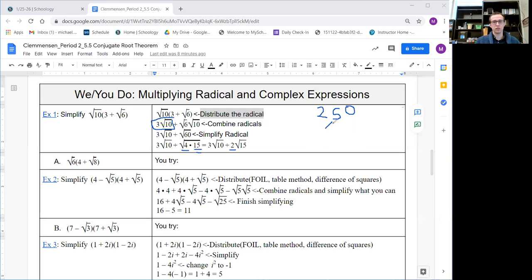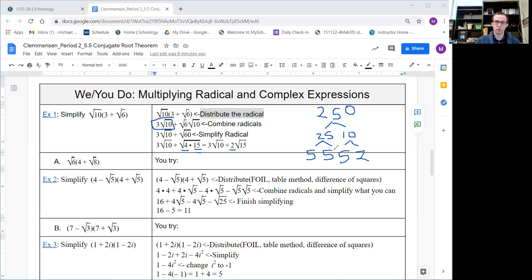I can break 250 down into 25 times 10. And then I can break that 25 into 5 and 5. I can break that 10 into 5 and 2. And then I match any pairs together.